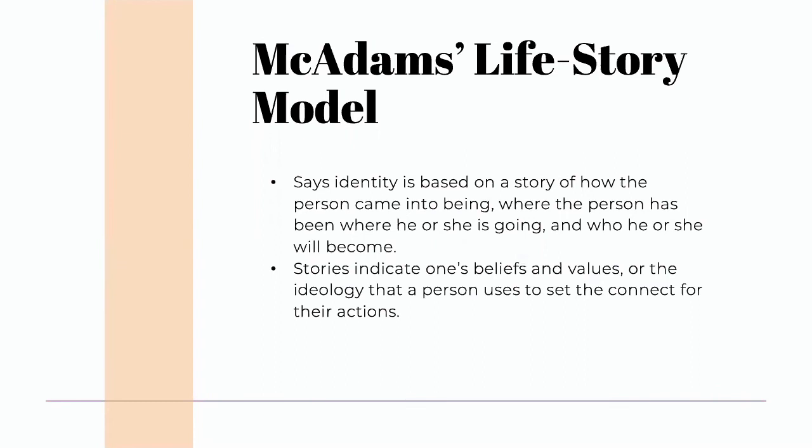It says that identity is based on the story of how a person came into being, where the person has been, where he or she is going, and who he or she will become. So the stories that a person tells about their life indicate their values, beliefs, and the ideology that a person uses to set the connection for their actions.